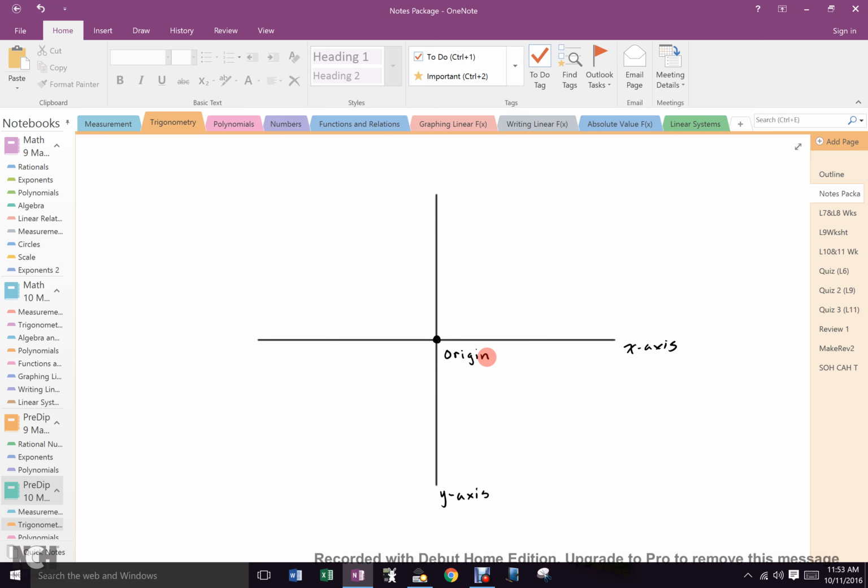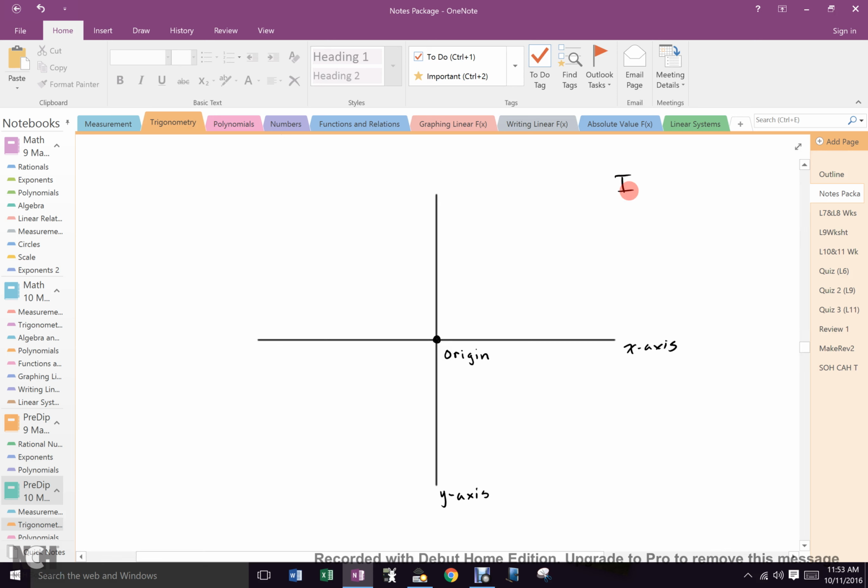What do we call each of these chunks of the Cartesian plane? Do you know that word? Yes, indeed they are quadrants. How do we name those quadrants? How have they been named? Roman numerals, yes. 1, 2, 3, and 4. Where is quadrant 1? Top right corner, quadrant 1.